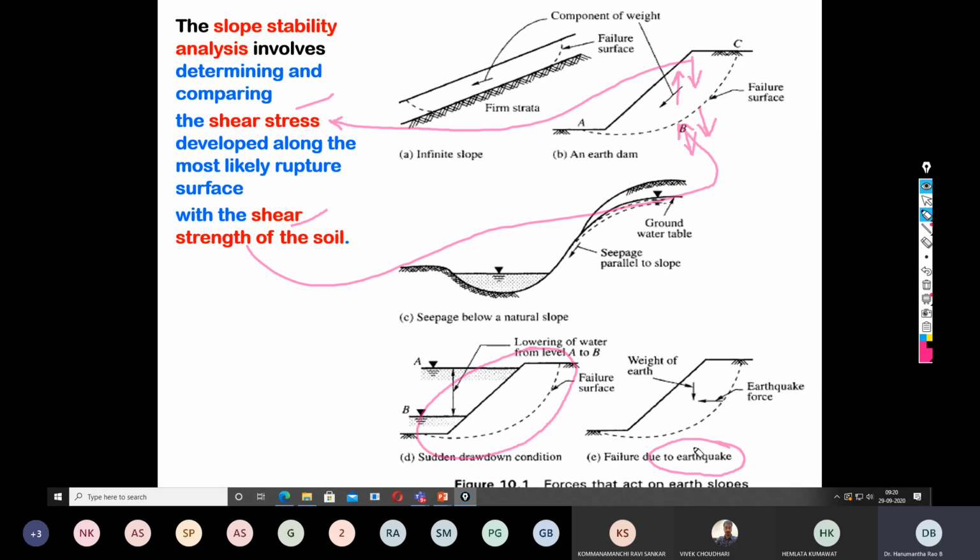In all the cases you have to understand, when I talk about the weight of the soil causing shear stress on the soil mass, it has two components, vertical as well as horizontal. For any slope stability, you will have two components, one horizontal and one vertical. Vertical means the weight of the soil sample, while the other elements cause the horizontal forces, maybe seepage or earthquake. This further aggravates the problem and thereby triggers the slope failure.